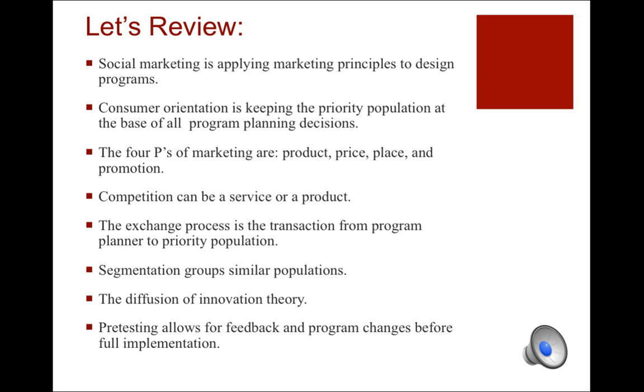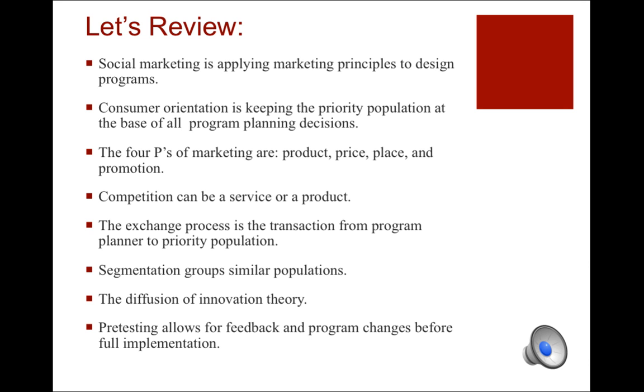In summary, we learned that social marketing is applying marketing principles to design programs. It is a consumer-based approach that addresses 4 P's in the marketing mix: product, price, place, and promotion. We know that competition is not only other products, but can also be alternative services for fulfilling needs.